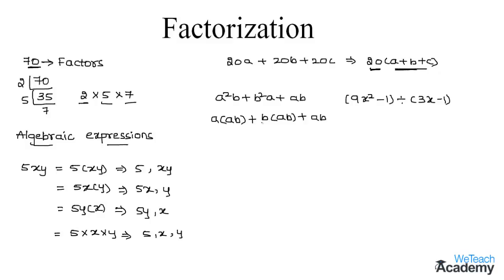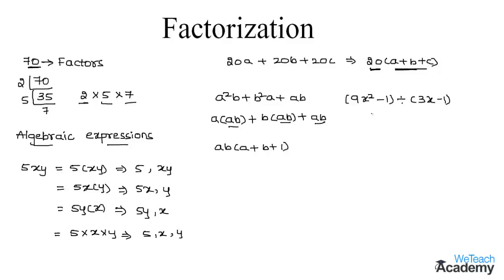Now observe that ab is the common term in this expression, so we can take ab as a common factor, and this expression can be written as ab into (a plus b plus 1). Thus we can write the algebraic expression in a simple form.